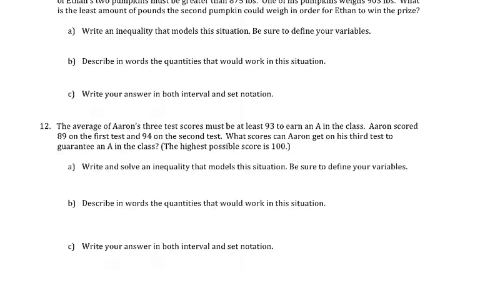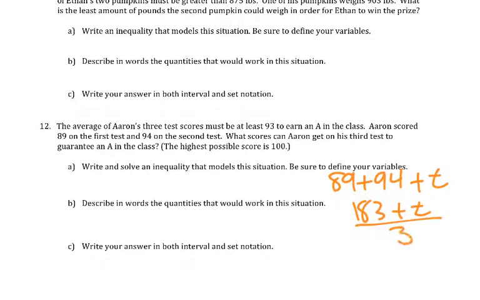all 3 of the test scores, so we've got 89 plus 94, right, which we can simplify that to 183, plus the new test score, right? We'll put T for it. Okay, that has to be average, so divide by 3.